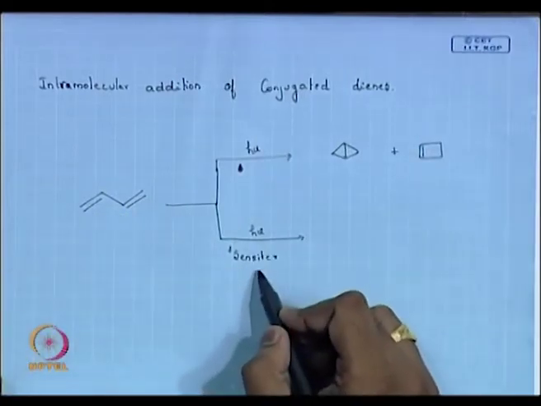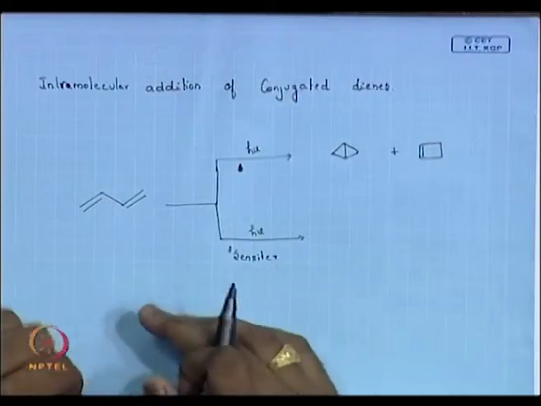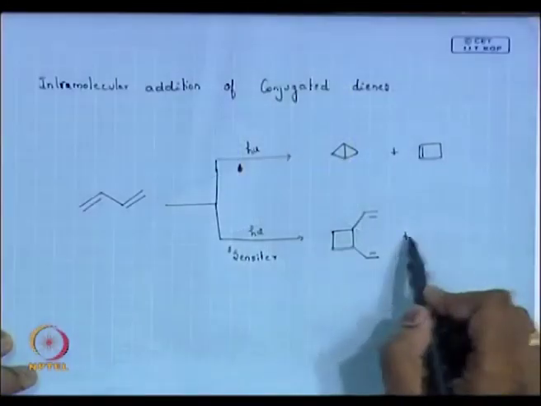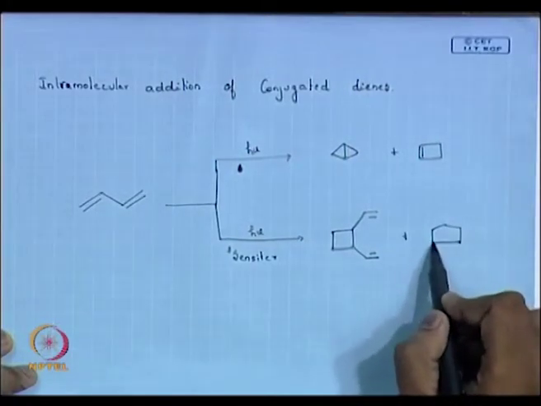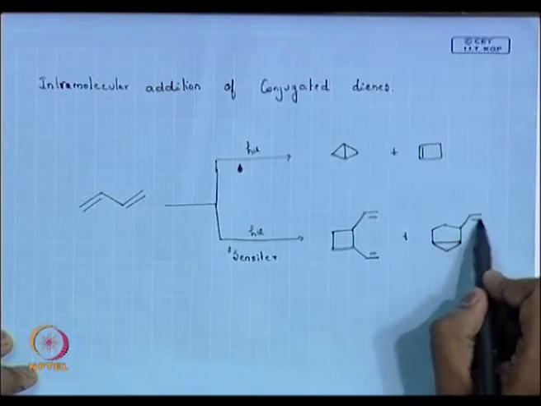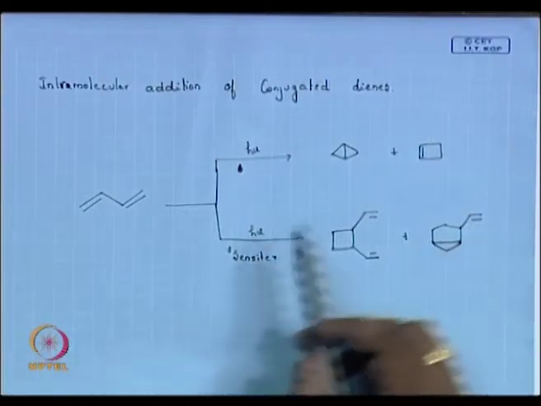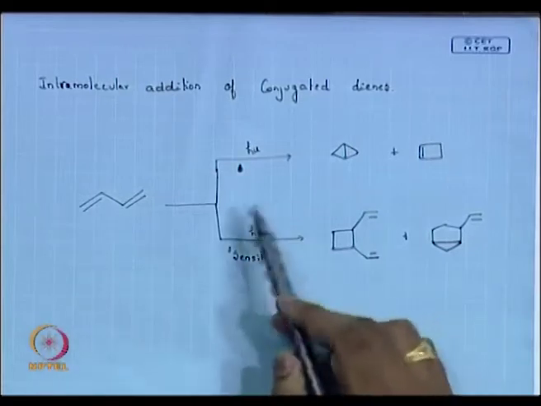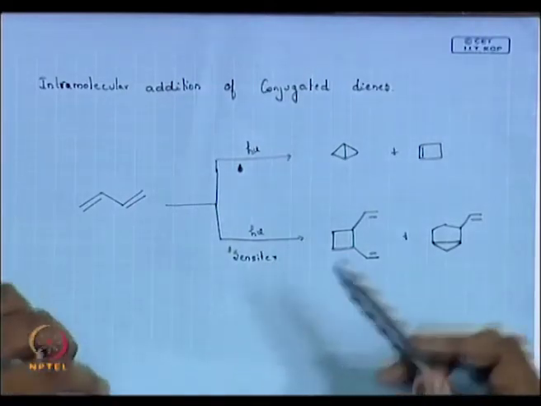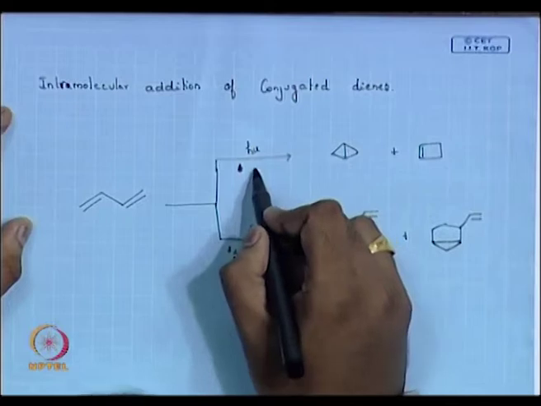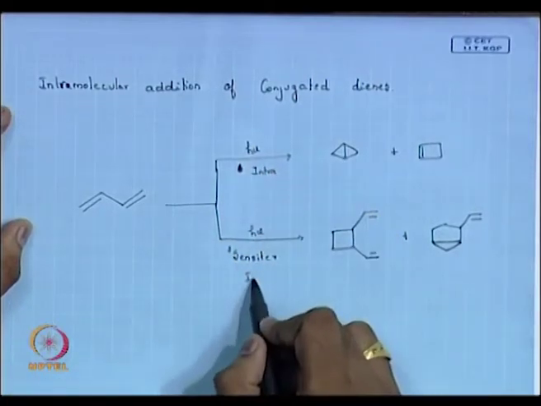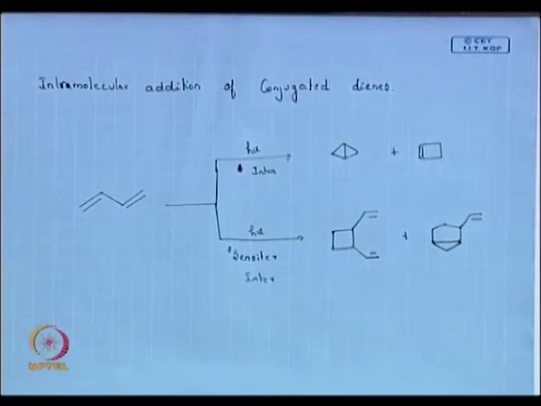But if I do photolysis in presence of sensitizer, then I get a sort of intermolecular addition. So, you take a diene, if you do direct photolysis you get intra, in presence of sensitizer, you get inter. Fine. So, we will see how this works, the mechanism.